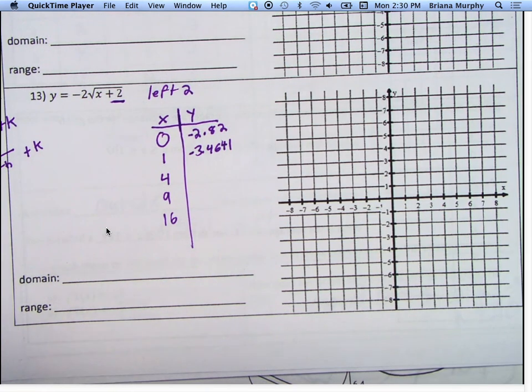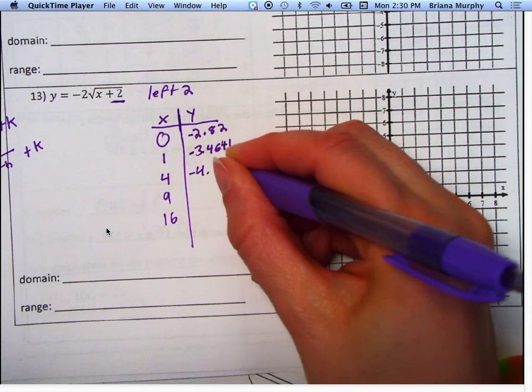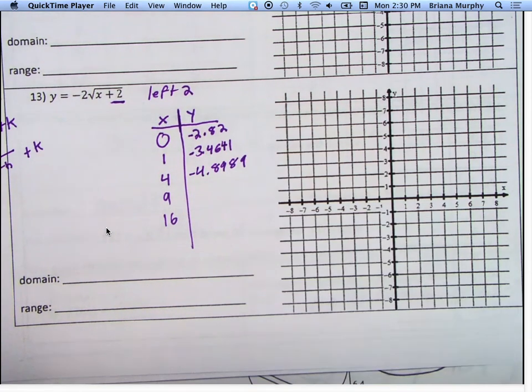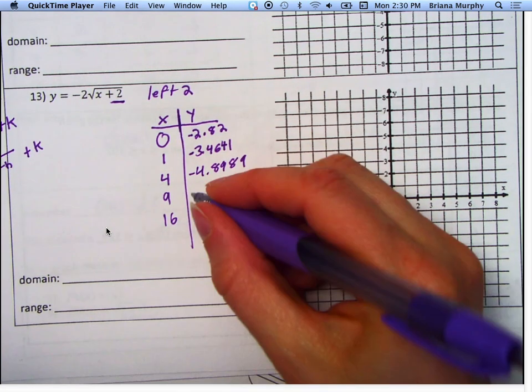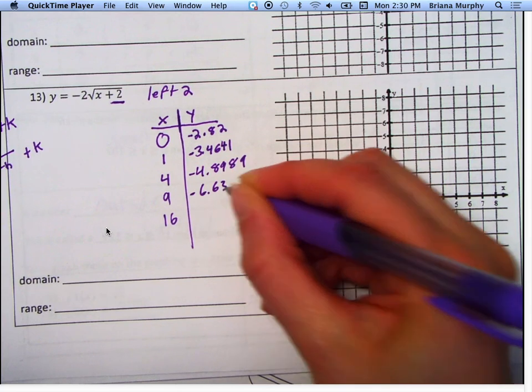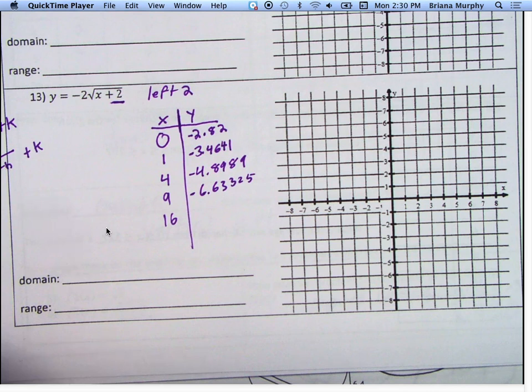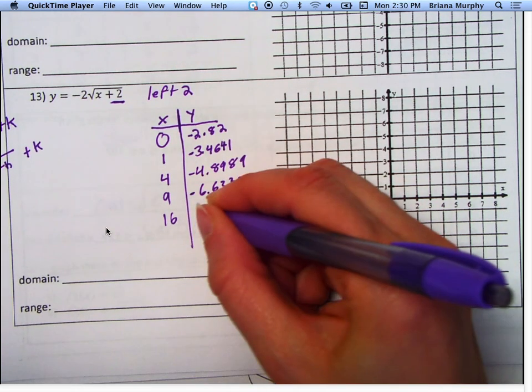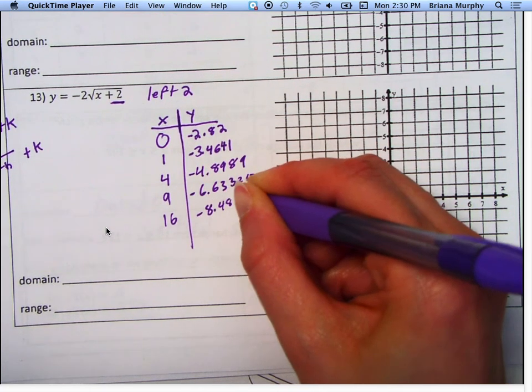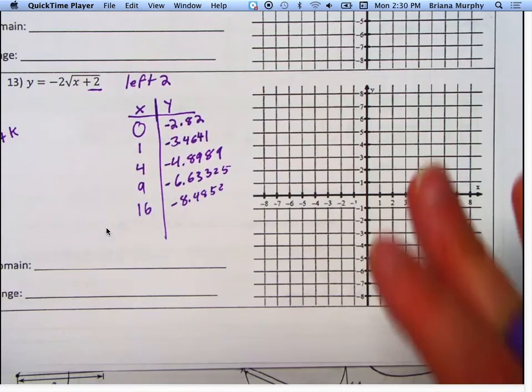Sorry. I'm going to plug in a 4, and I get negative 4.8989, right? Let's plug in 9, see what we get. I get negative 6.63325. And I'm going to plug in 16. I'm going to get negative 8.4852.